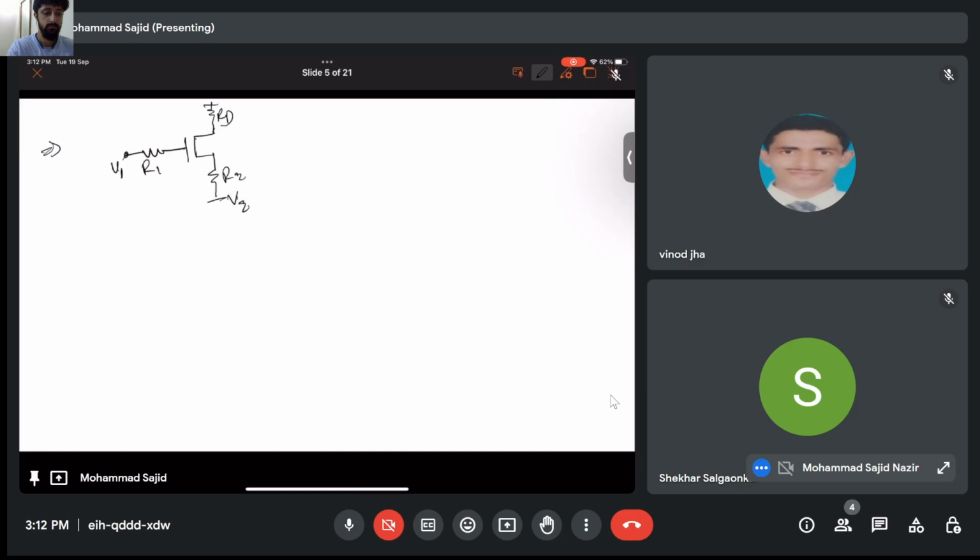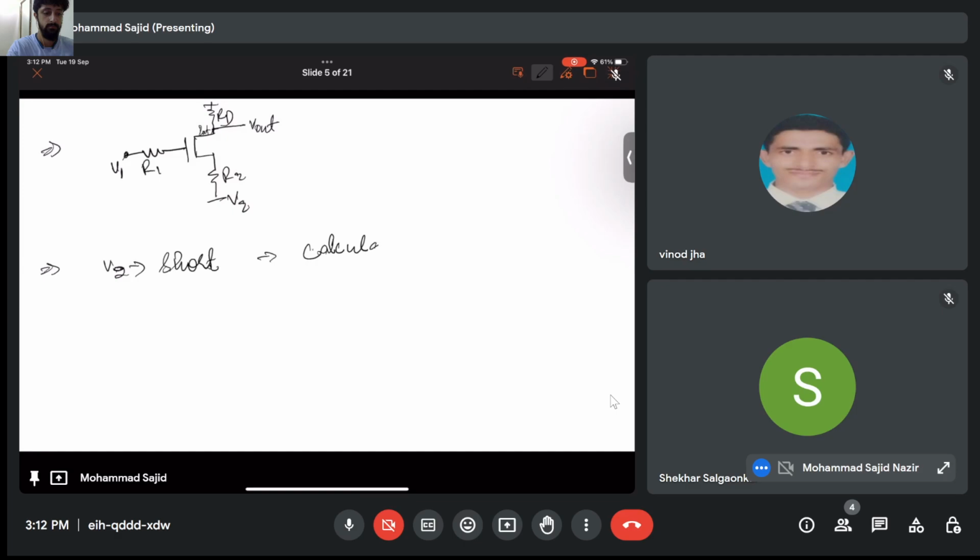Now if I want to calculate this Vout, or rather this Iout, let's use the superposition principle. You can ground or short one source and calculate the response due to the other source.